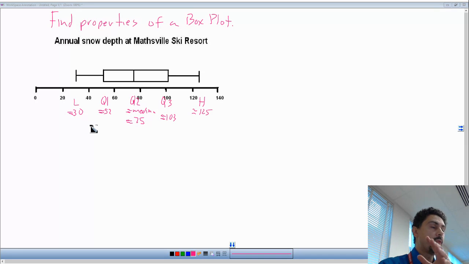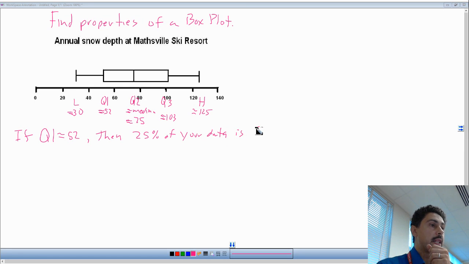One thing we can say is, if Q1 is approximately 52, whatever the value might be, then 25% of your data is less than or equal to the value 52. That's what it means. And then you would go and do the others.